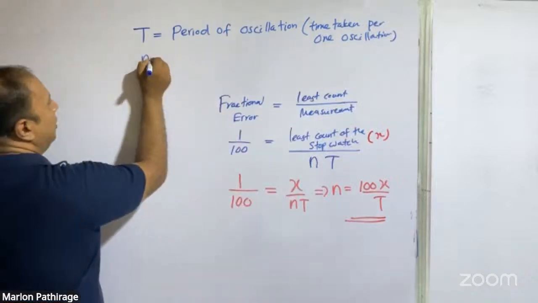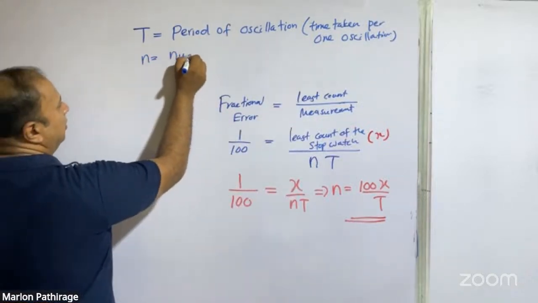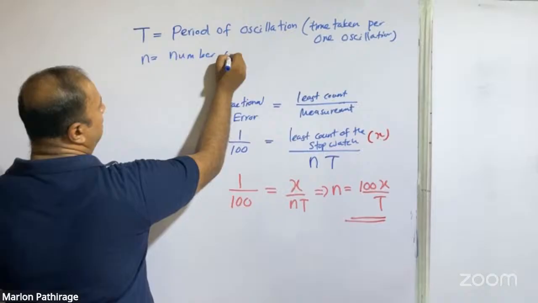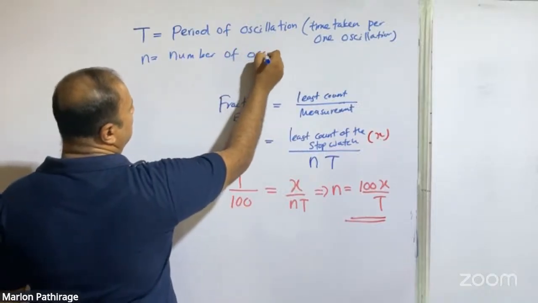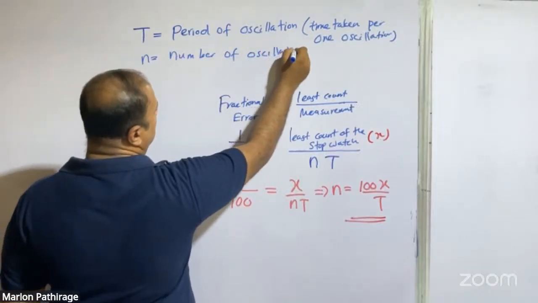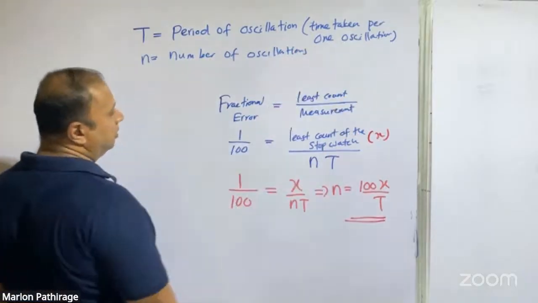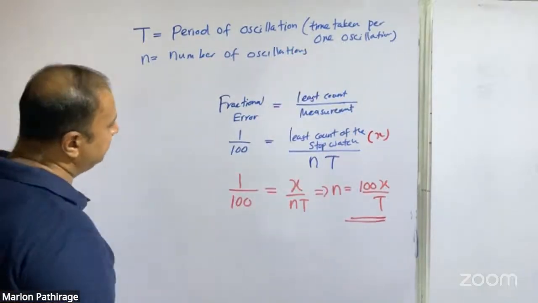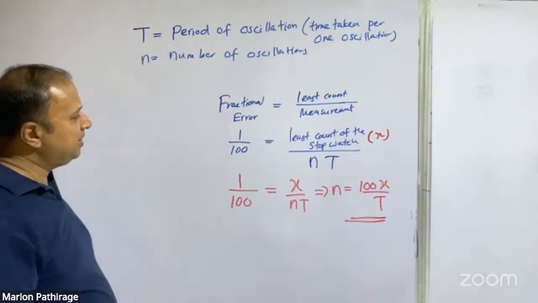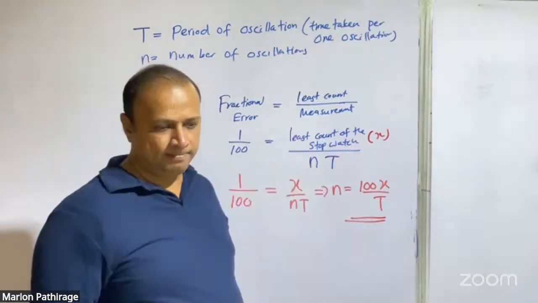N equals the number of oscillations. X means the least count of the stopwatch.